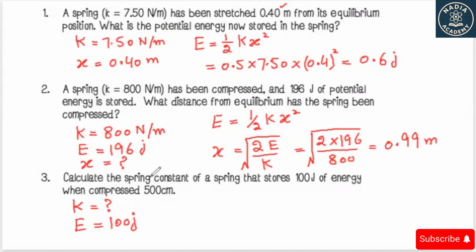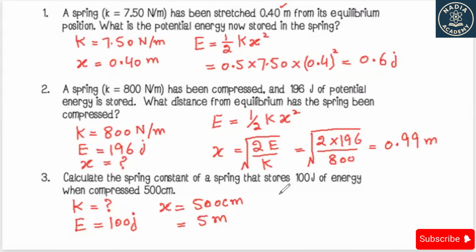Remember that in all these questions, the spring remains within elastic limits, meaning the linear behavior of the force-extension graph. And the extension x is 500 centimeters, so it means this extension is 5 meters.